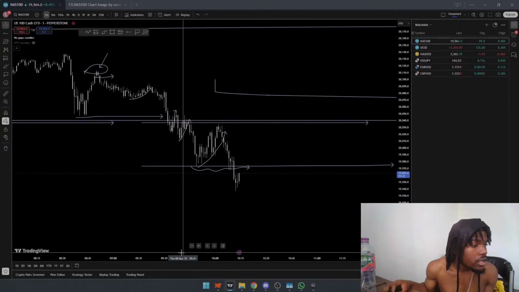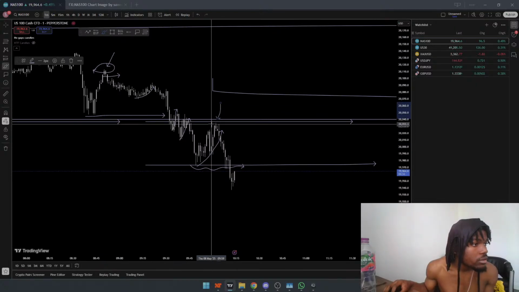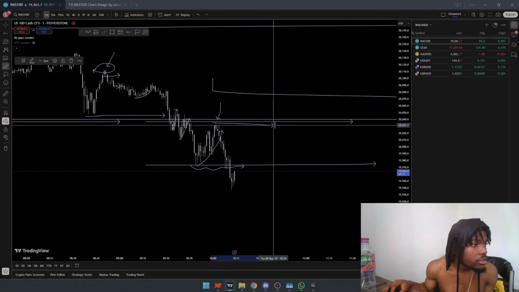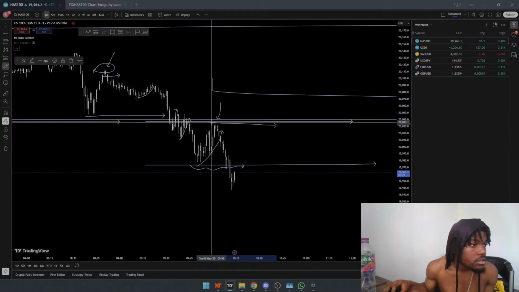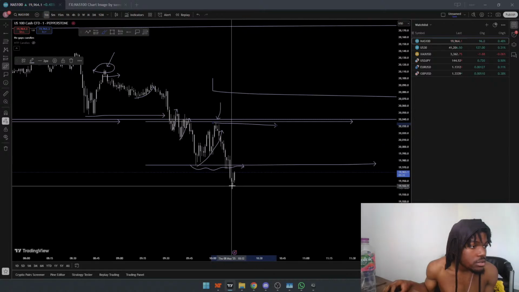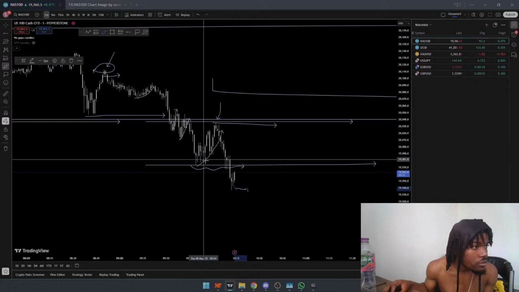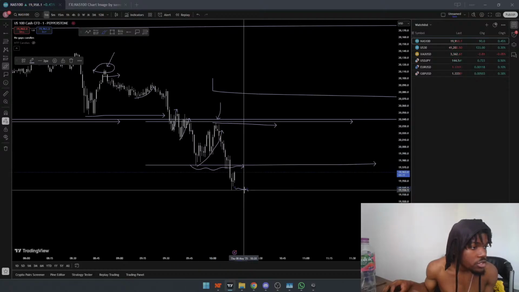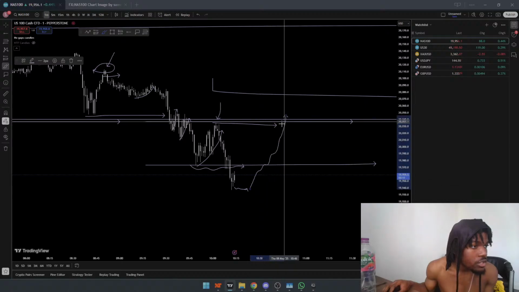Now we know that the protected high on a 15-second, right, on the lower time frame is vulnerable. It's because we know after three, four liquidations of pullbacks, the market is likely to reverse.